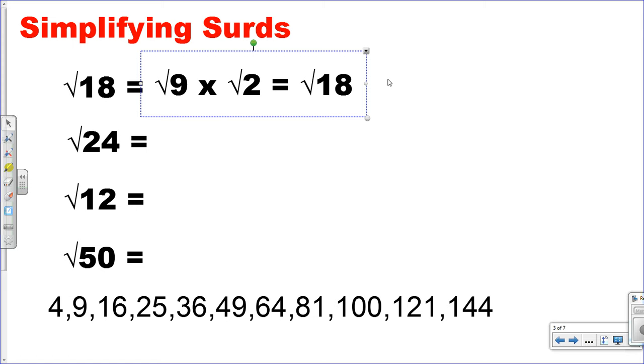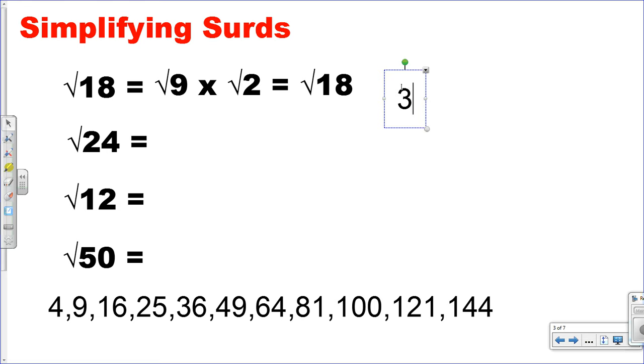Am I done? No. But look at this number here, square root 9. I know the answer to that. The answer to that is 3. Can I square root 2? No. So I leave that as it is. So my answer is 3 square root 2.